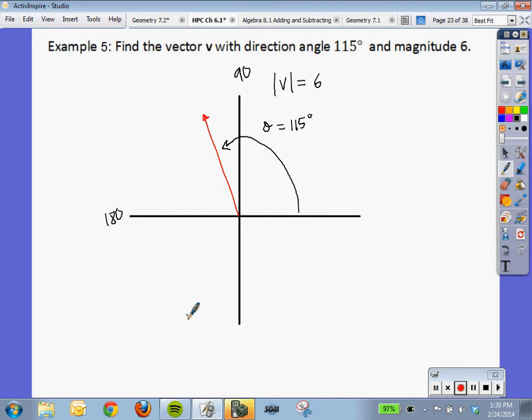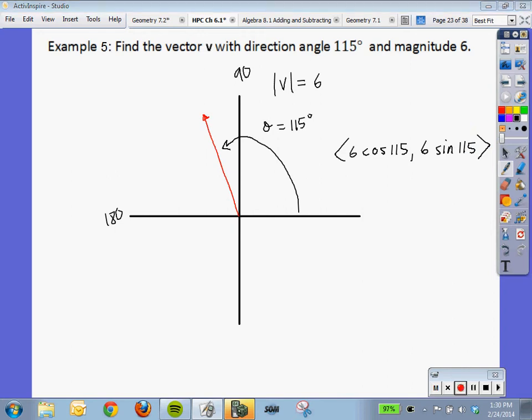Well, I can figure out what the component form is because I have the magnitude and the direction. I know that 6 times the cosine of 115 will give me the a value, and 6 times the sine of 115 will give me the b value.